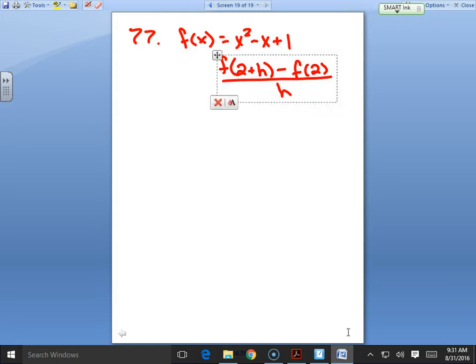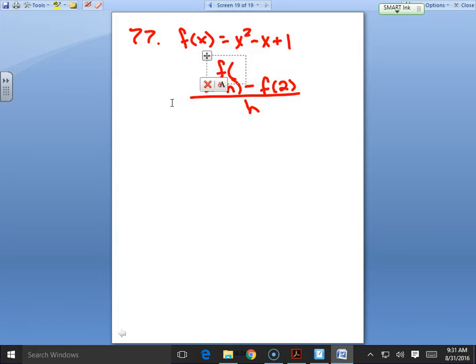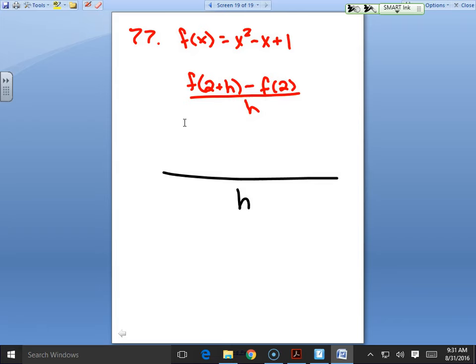As you read this, that's not what I want. It's f of, not f times, right? So how do I find f of 2 plus h?